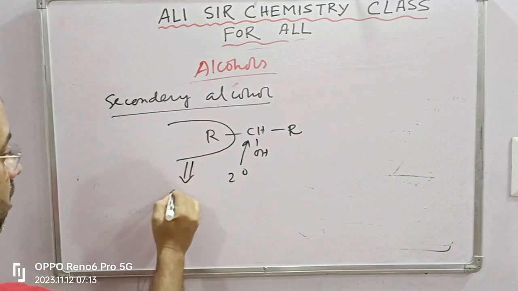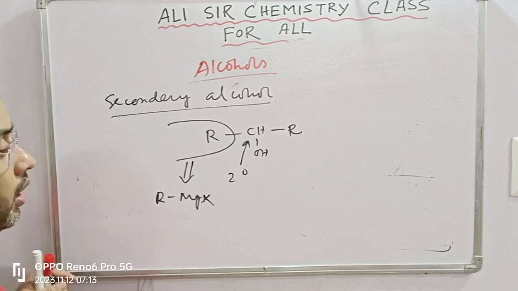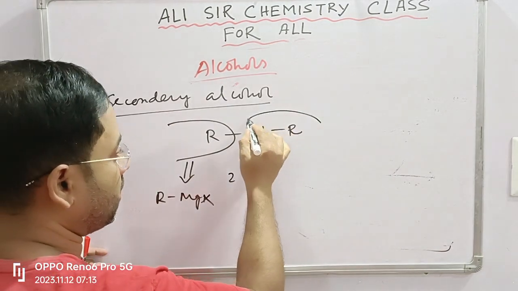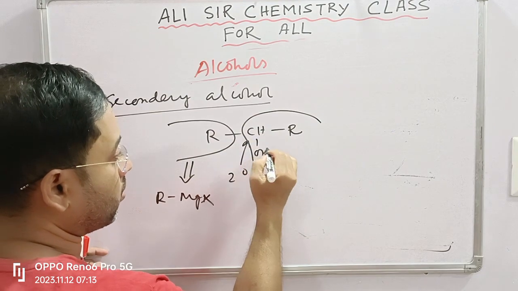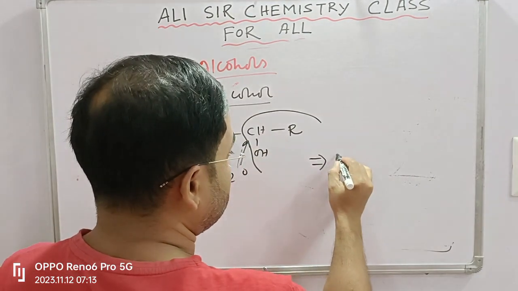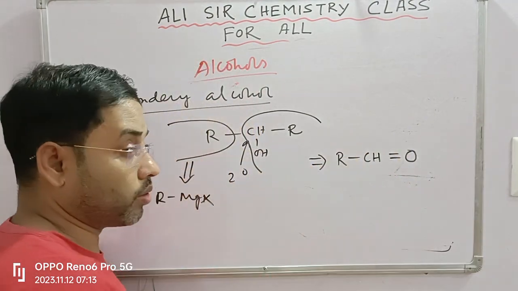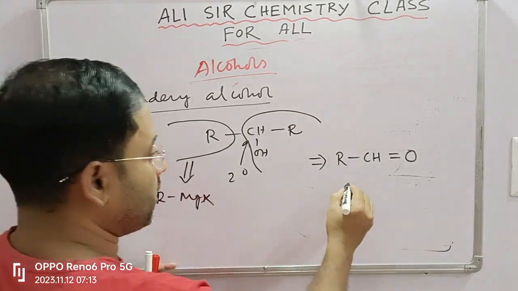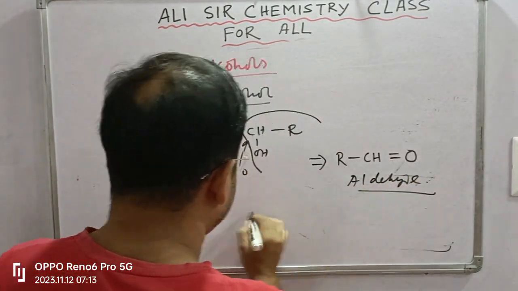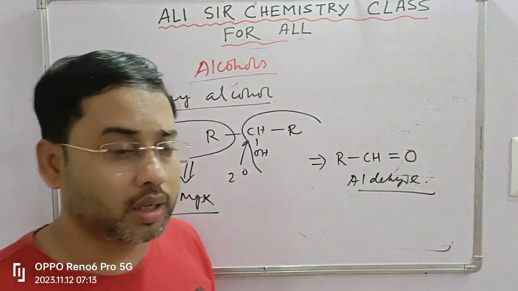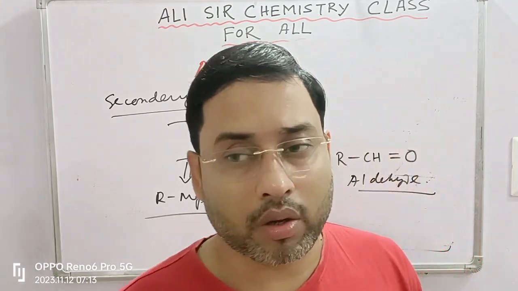This will be coming from the Grignard reagent RMgX, and the remaining part, you can see carefully, is RCHOH. That means here we have a double bond, so this part is coming from an aldehyde, RCH double bond O, not a ketone, an aldehyde. So by reacting the Grignard reagent with an aldehyde, we can get our desired secondary alcohols.